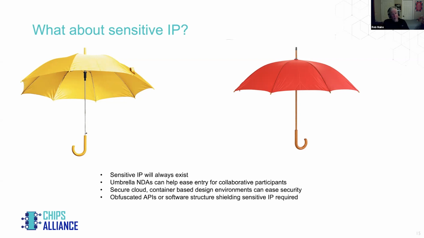But basically, it provides an umbrella NDA that allows for collaborative participants to work. And also, it can be formulated under a secure cloud or container-based design environment that protects all the different participants and the IP associated with that. And it also works with what I call obfuscated API or software structures to help obscure the details of the underlying process technology such that it is safe.